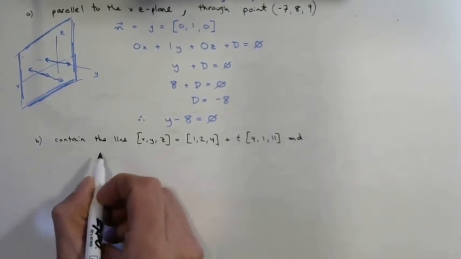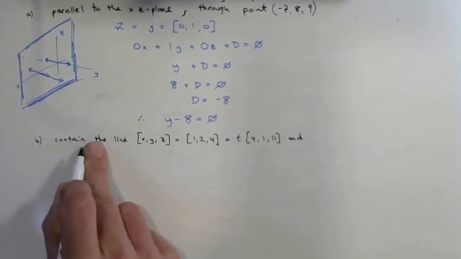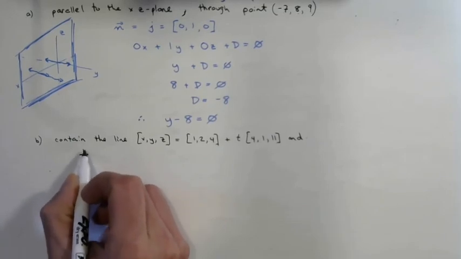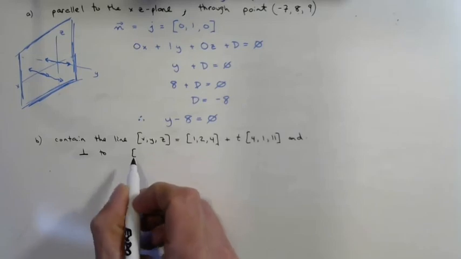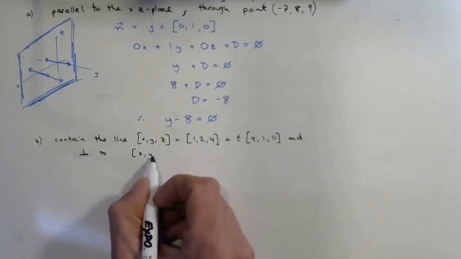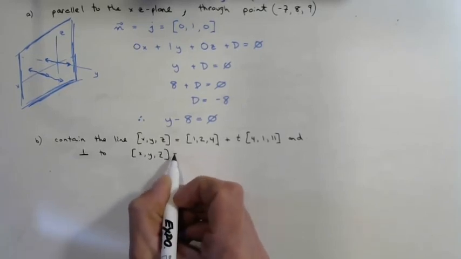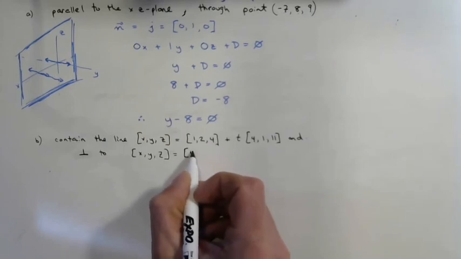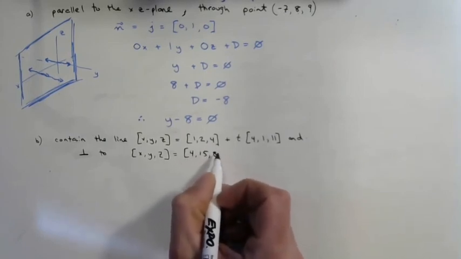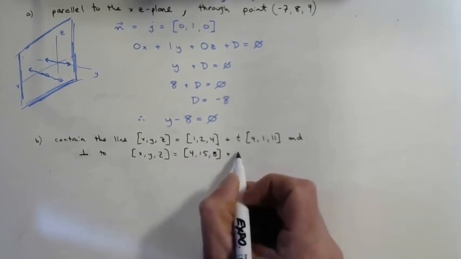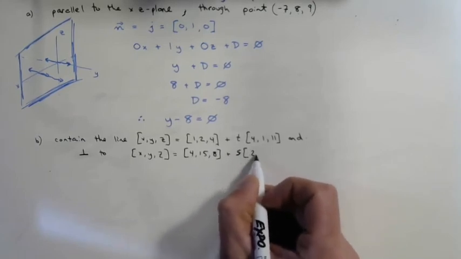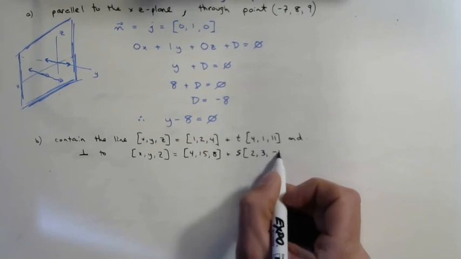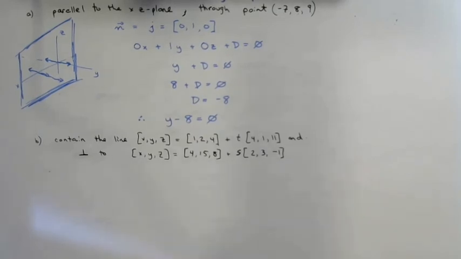And it's going to be perpendicular to this line: (x, y, z) is equal to (4, 15, 8), that's a position vector, plus some multiple of our direction vector (2, 3, -1).